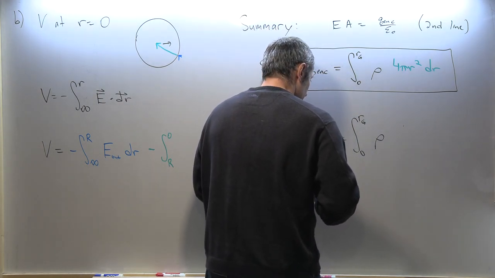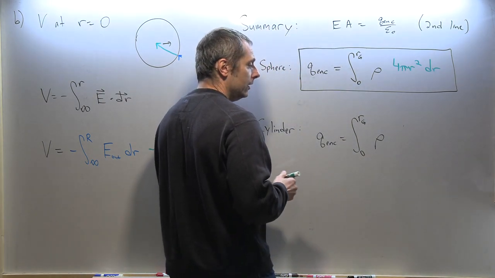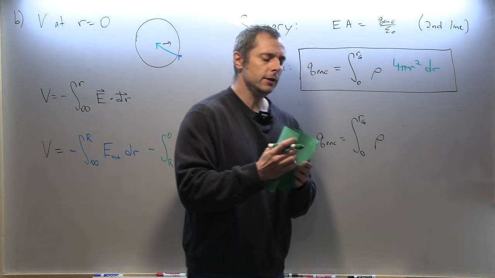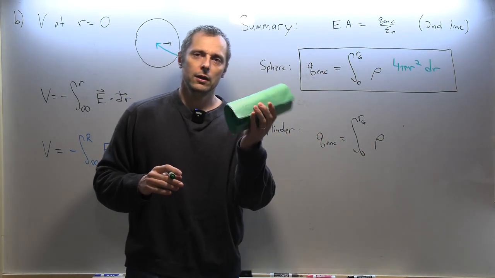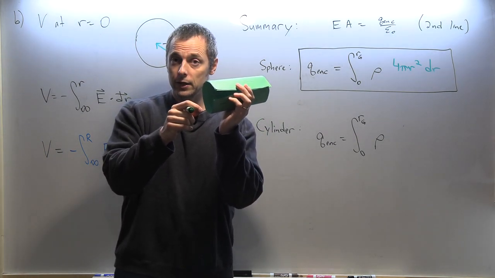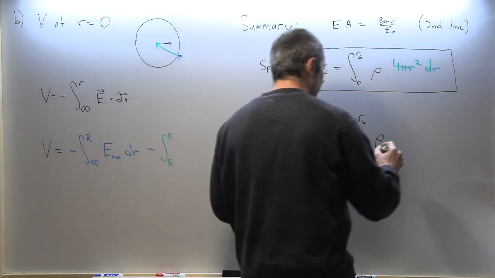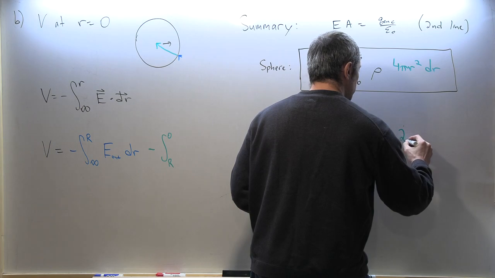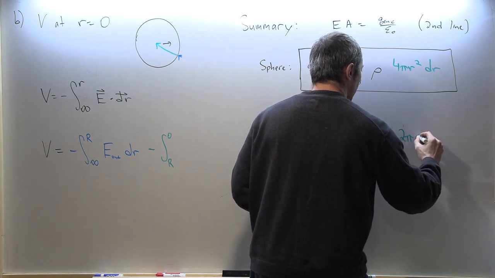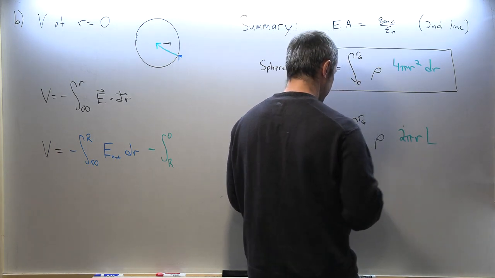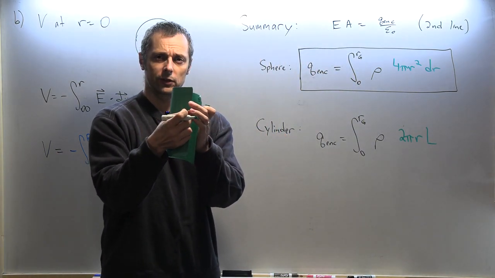But the surface area, or the volume over which you integrate, will be the surface area of a cylinder times thickness dr. So the surface area of a cylinder is 2 pi r, the circumference, times the length L. That's length times width of this cylinder, right?